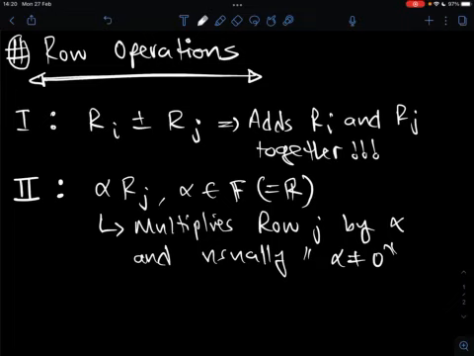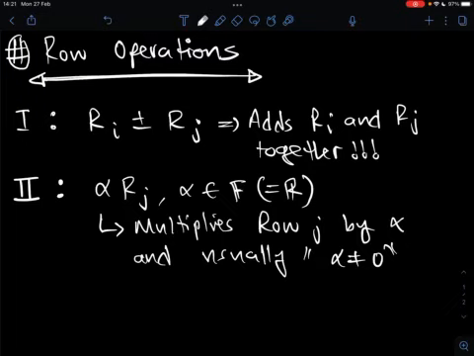So alpha is not necessarily a number, but it's just some scalar which belongs to some field F. We call it a number when the field F is just the real numbers, or sometimes the complex numbers, but the field F can be anything. The term field will be understood later, but the real numbers are a perfect example of what we call a field in mathematics. So we have this operation which takes a row and multiplies it by alpha.